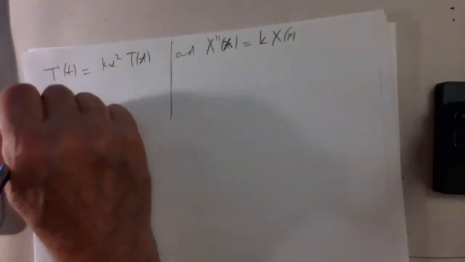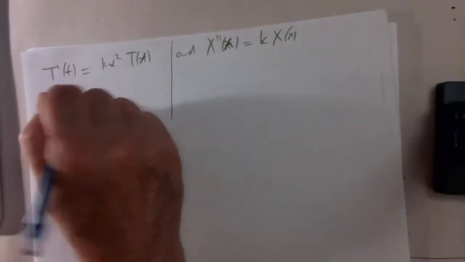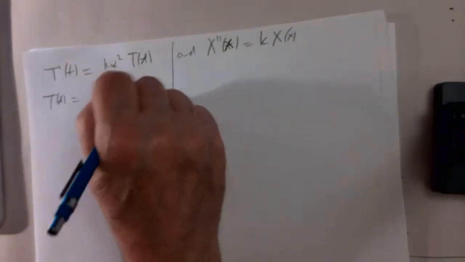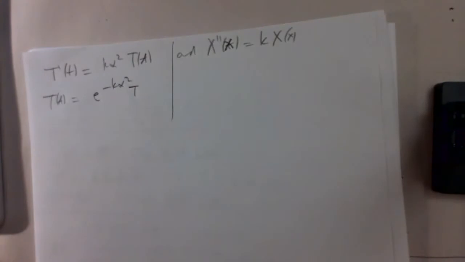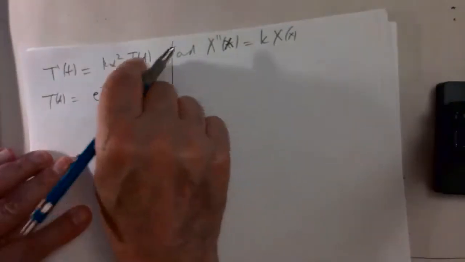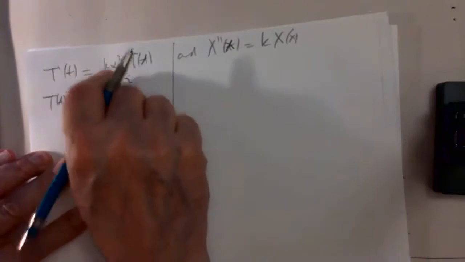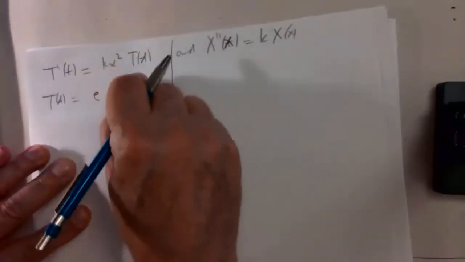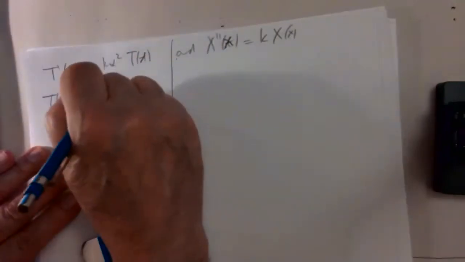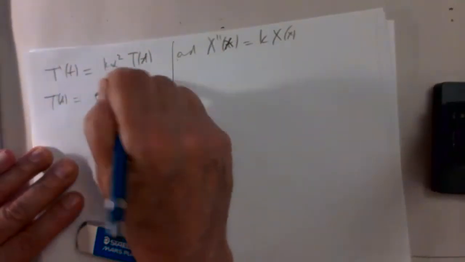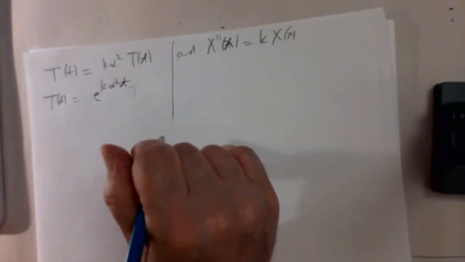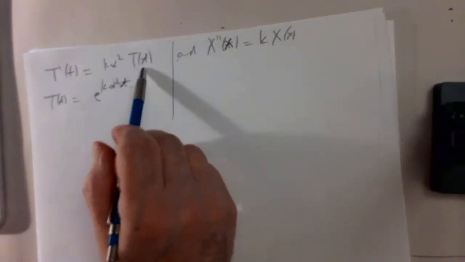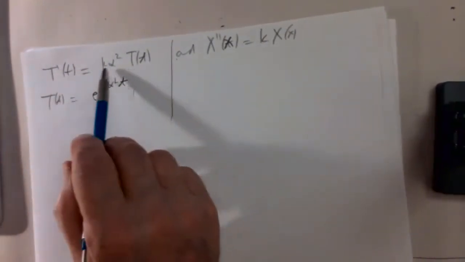This differential equation has the solution e to the k alpha squared t. This is the world's simplest ordinary differential equation. T prime is some constant times T.